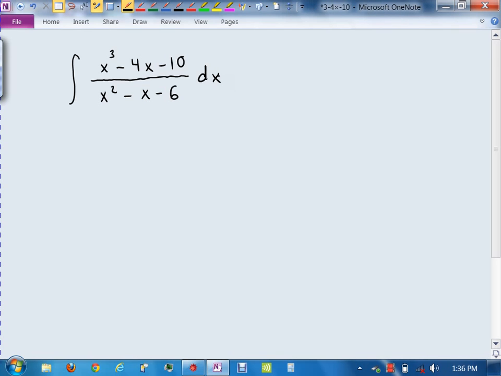So you look at it, first thing, polynomial over polynomial, right? Degree of the numerator is 3. Degree of the denominator is 2. That means long division first. All right, long division. Here we go.